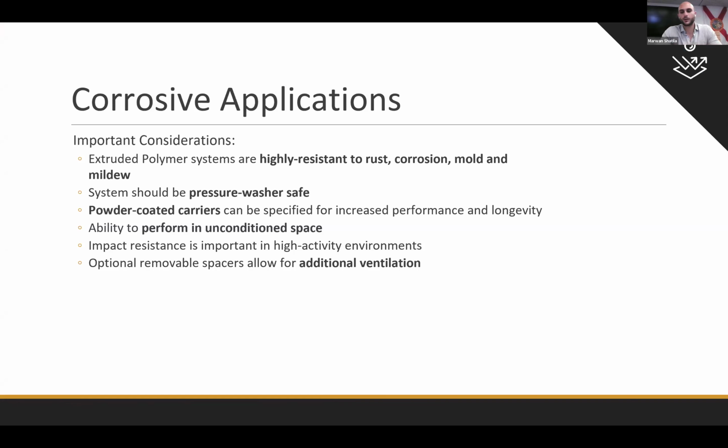For ours, as it relates to Rulon, we have a proprietary grid system that the linear panels engage into. One thing to keep in mind is, although the panels are going to be resistant to the corrosion and whatnot, if you are going to be installing in a very corrosive environment, you want to make sure that the grid as well is going to be able to withstand those conditions.